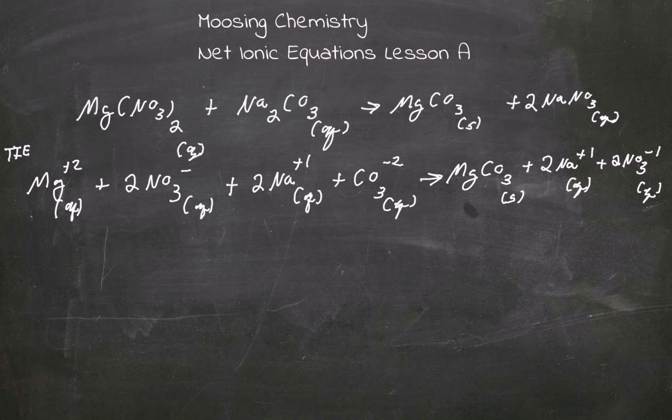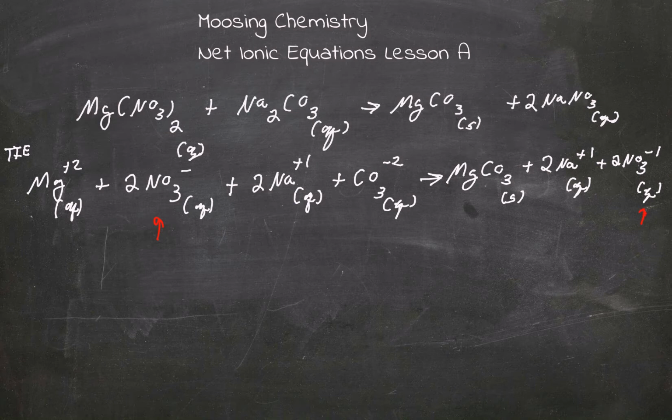All right, let's look for our spectator ions. That's a term we've used in some of our other videos. Spectator ions are ions that don't change from one side of the equation to the other. Let's change the pen again. Magnesium goes from aqueous to solid, so it does change. So it's not a spectator. What about our nitrates?